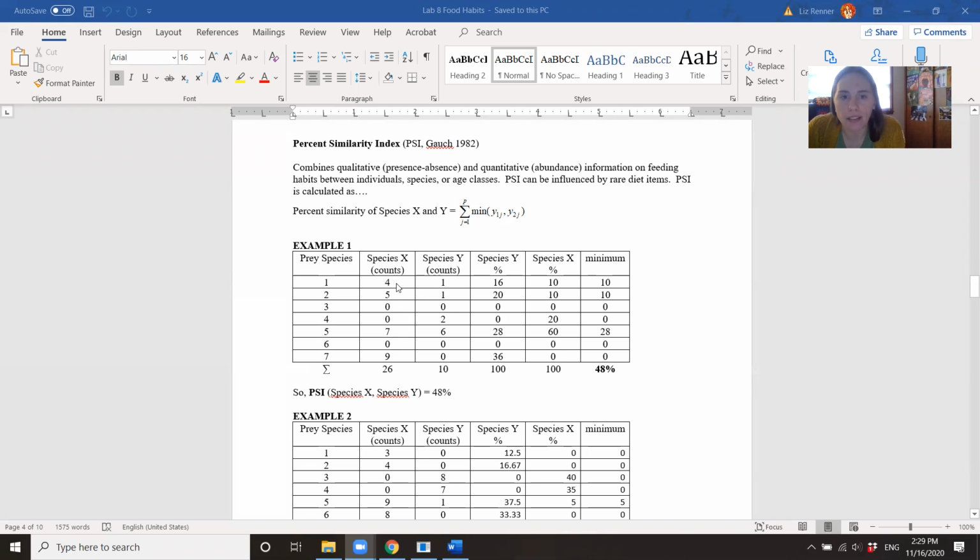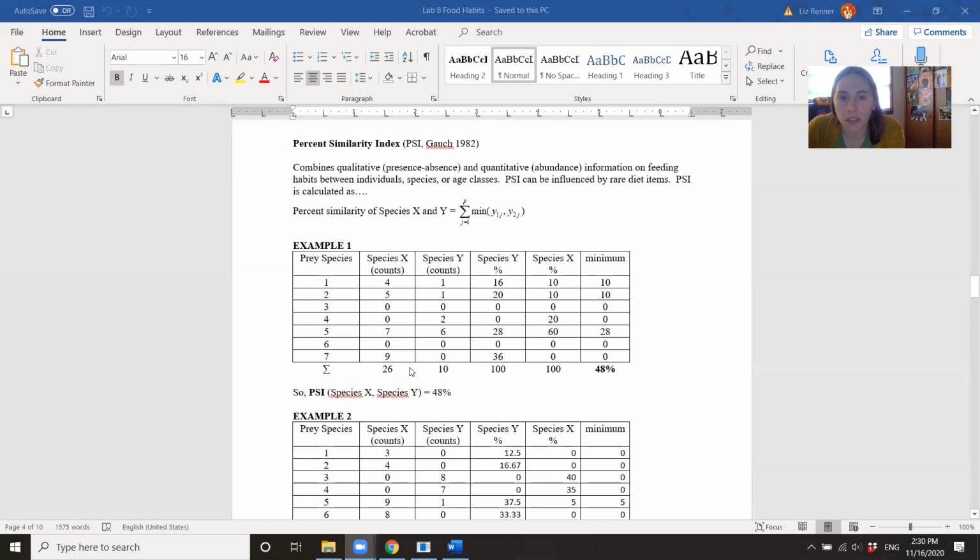So 4 bass out of the sample had, let's say bluegill is our first prey species. 5 bass had the second species, so maybe green sunfish. And then we had a couple of bass that didn't have either of these two species, let's say like an orange spotted or a dollar sunfish. It's 7 bass that had prey species number 5.